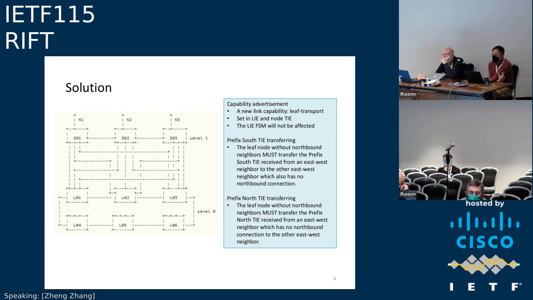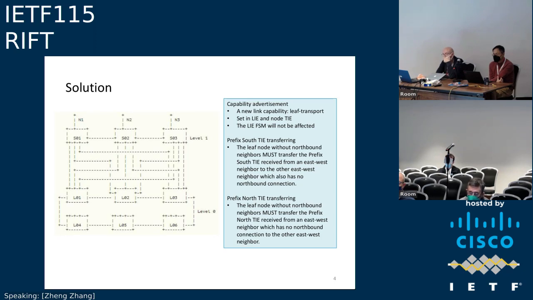The leaf node without northbound neighbors must transfer the prefix south tie received from an east-west neighbor to the other east-west neighbor, which also has no northbound connection. And the leaf node without northbound neighbors must transfer the prefix north tie received from an east-west neighbor, which has no northbound connection, to the other east-west neighbor. Other flooding function and the SPF algorithm are not changed.